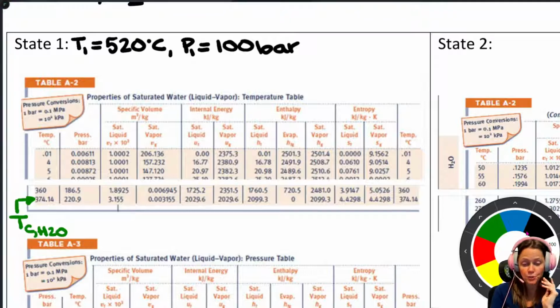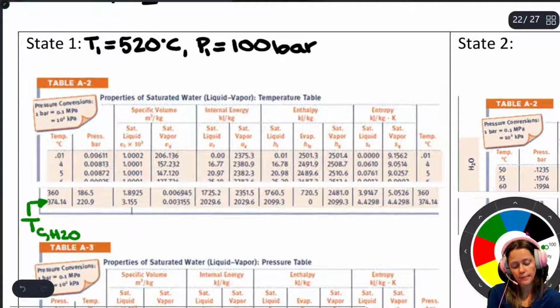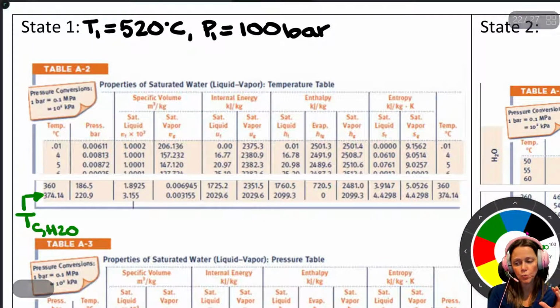But the critical temperature is the temperature at the top of that dome, and it's specific to the substance. So the critical temperature for water is 374.14 degrees Celsius, and the critical temperature for another substance is something else.